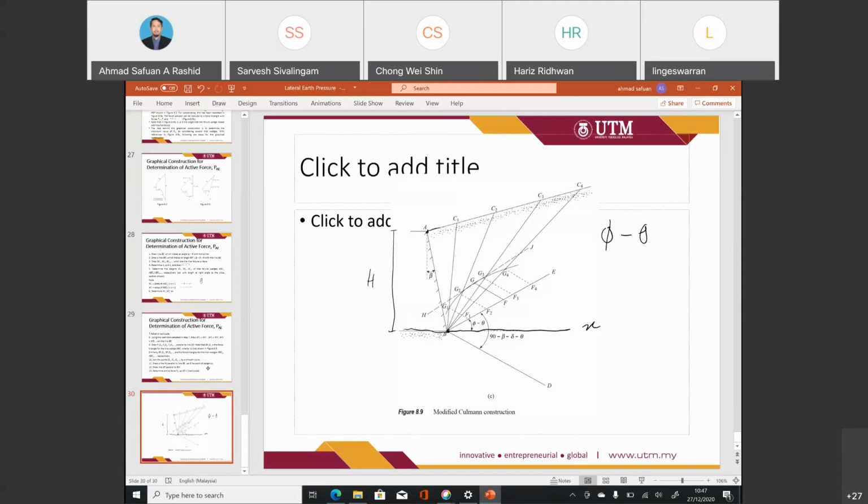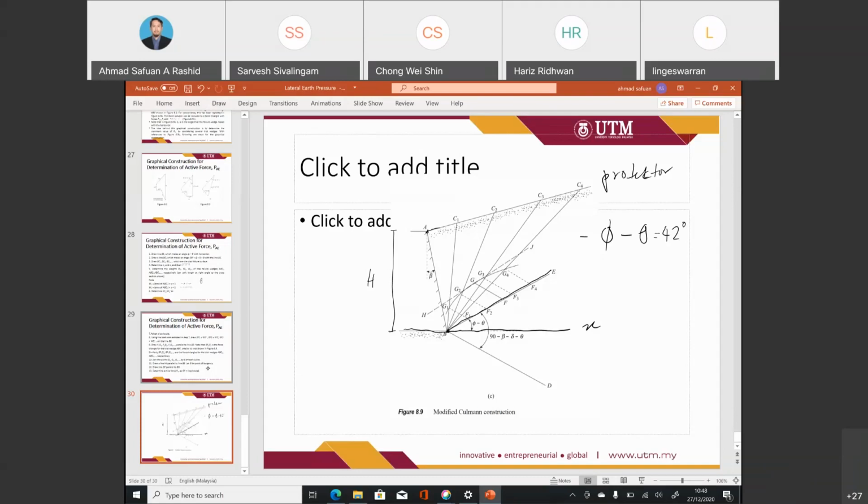Another thing we need to bring along is our protractor, because we need to use the actual value. For example, if this is 42, we need to refer to the protractor and draw a line to represent BE.